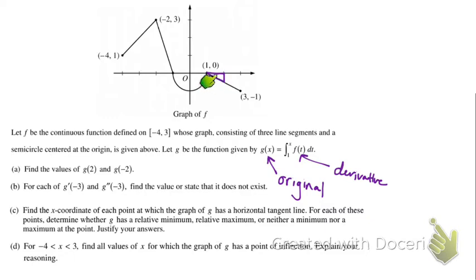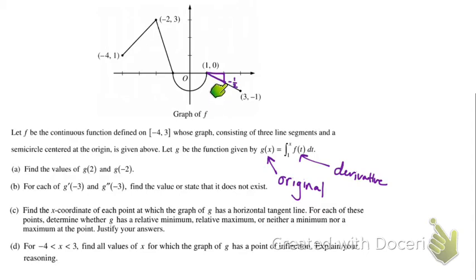So it looks like it has a base of 1 and a height of, oh my gosh, let's see. The slope here is down 1 over 2. So again, the slope of this line is down 1 over 2, so -1/2, which means this point right here is -1/2.